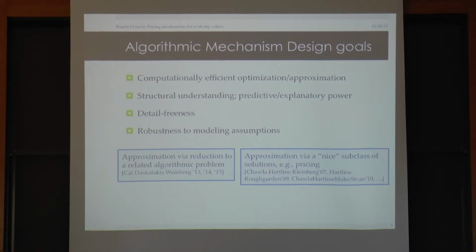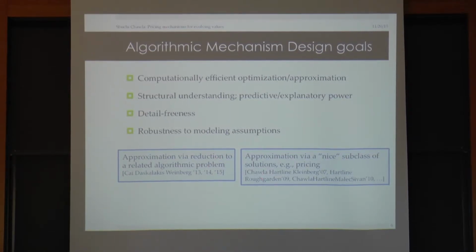And in some cases, if the algorithmic objective is easy enough, this gives us a way of solving the mechanism design problem. The good thing about this is it's a very broad framework. It basically gets us this first bullet point, not so much the other three.